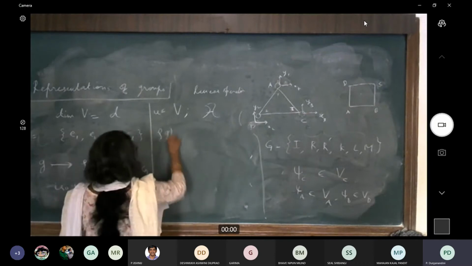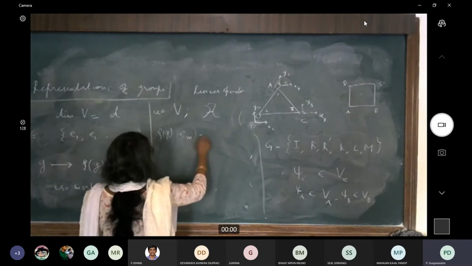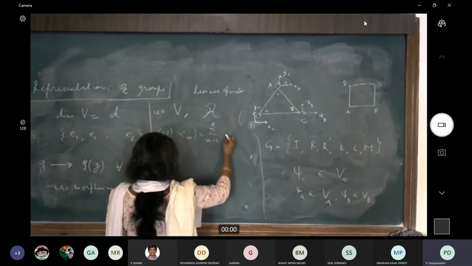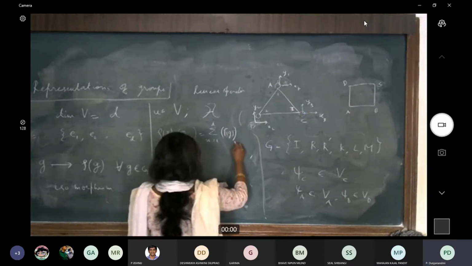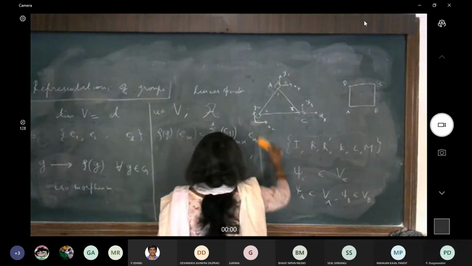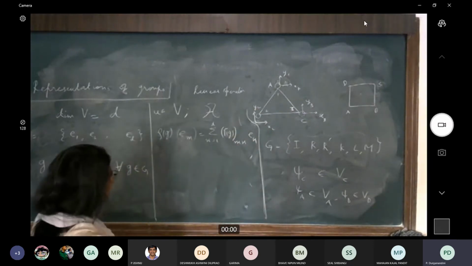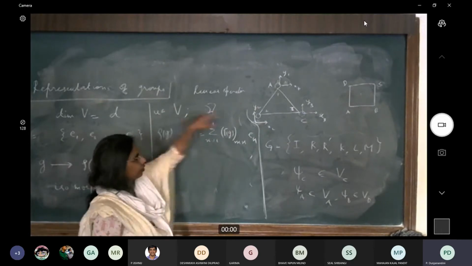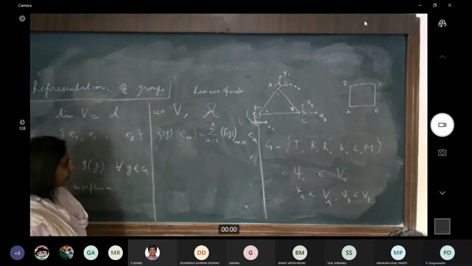Then I can act rho G on the basis vectors, say Em, the mth basis vector, and then I can write this as equal to the matrix in E. So I use the matrix A, and this gives me the mth row of that matrix essentially.